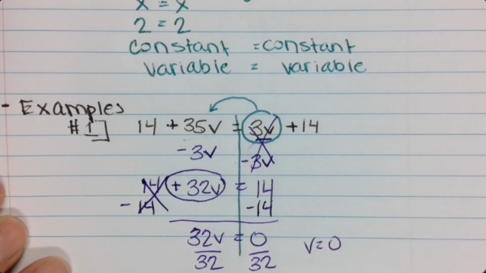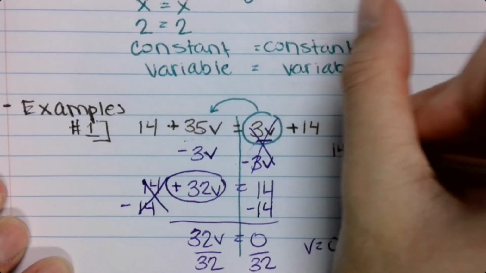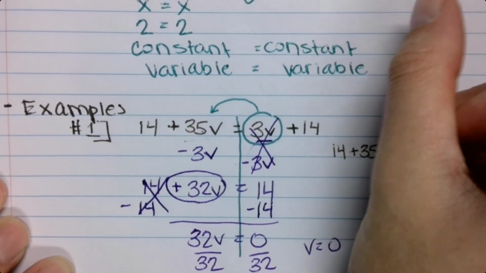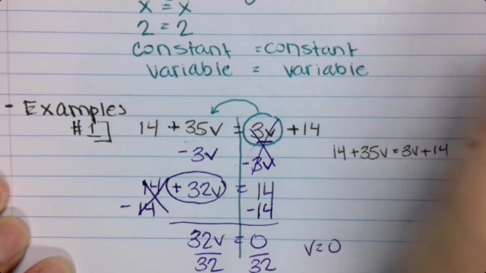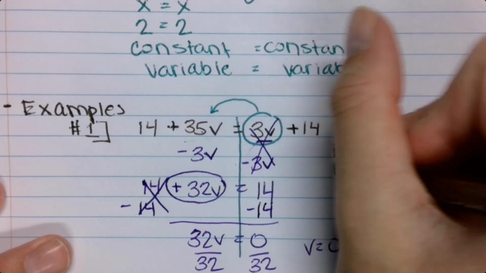So if I plug that back in, I have 14 plus 35v equals 3v plus 14. In place of v, I would put 0.